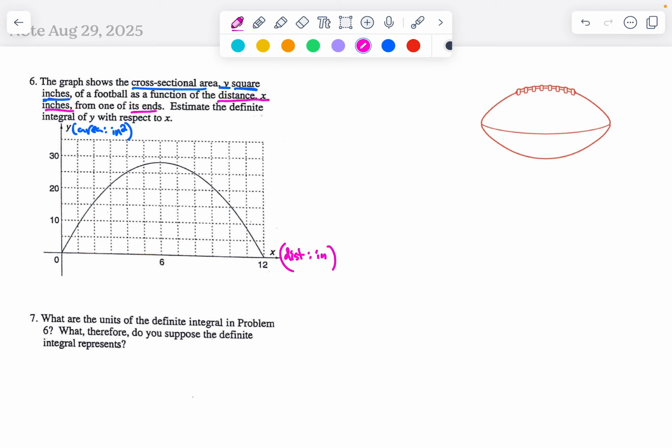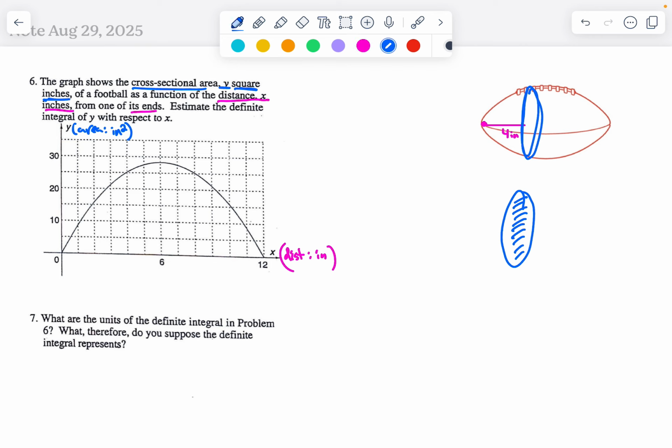And what that means is if we look at this football over here and we go some distance x from the end, let's pretend this is like 4 inches here. The y value, the output, is the cross-sectional area, meaning if we cut a cross-section, just a circle from that football, and we try to calculate its area, that value will become the y coordinate.